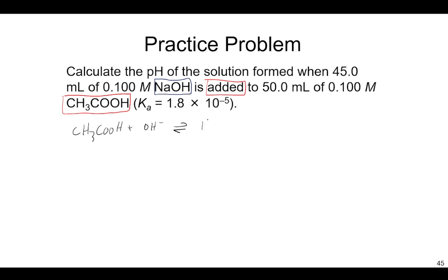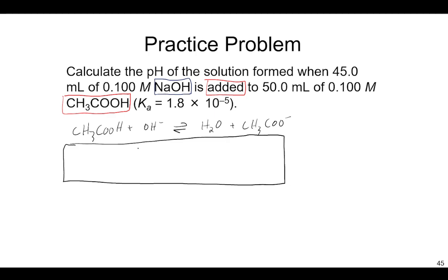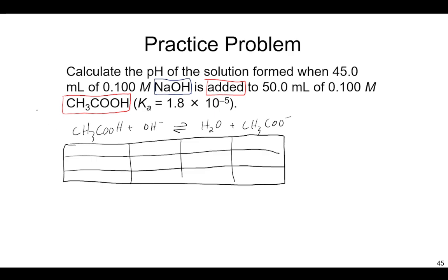And so my approach here will be the same to start, no matter if it's after equivalence, at equivalence, or before equivalence. As long as the titration has started, which it clearly has here, then I need to write a reaction, make a nice chart, and calculate moles of acid and moles of base for this weak acid, strong base titration.